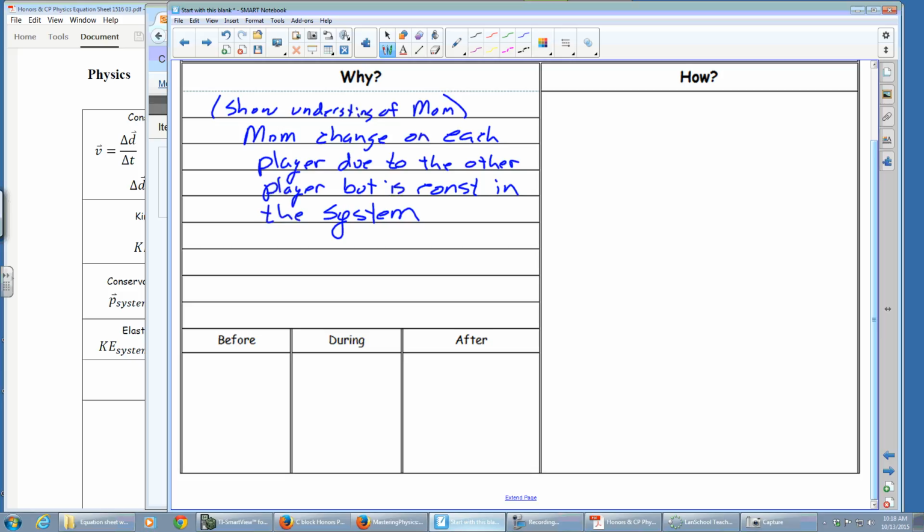So I've got rugby player number 1, rugby player number 2. They hit each other, and we have our scrum. And then they stick together afterwards.